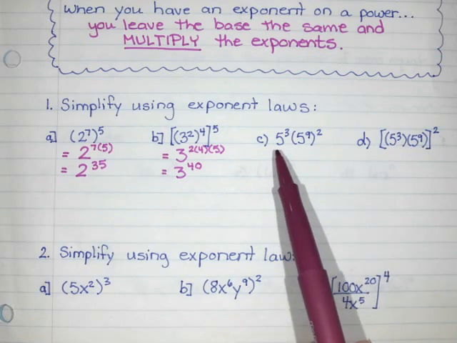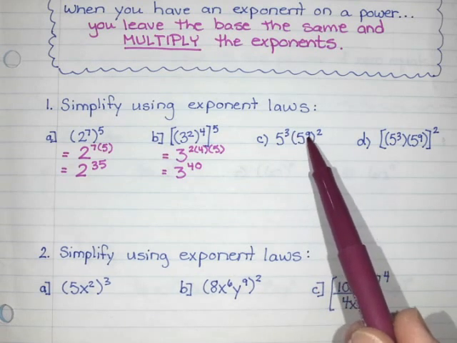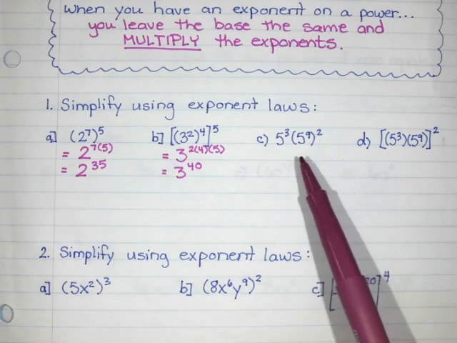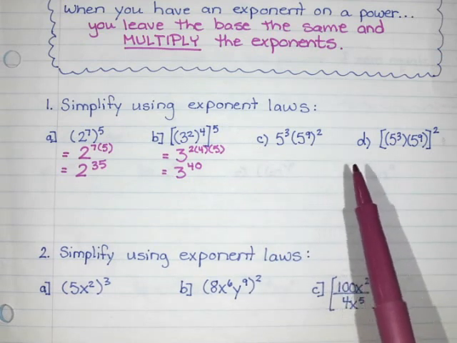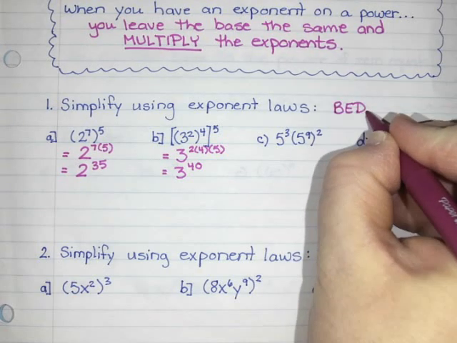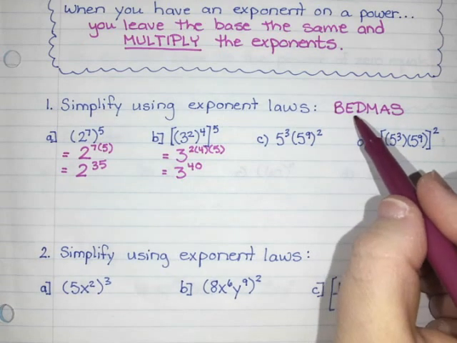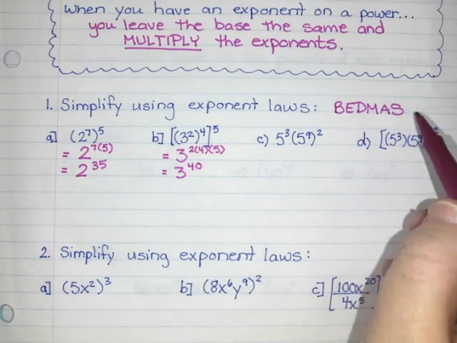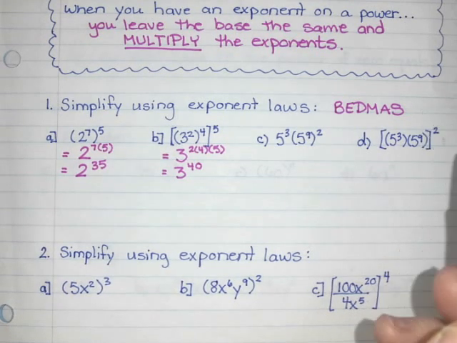So if I look at this first one that says 5 to the power of 3 times 5 to the power of 9 squared, whenever you're doing a question that has more than one operation, you should always try to follow order of operations or BEDMAS. So the first thing we should start with is brackets, then exponents, then division and multiplication, and then addition and subtraction, but we will not see addition and subtraction questions.